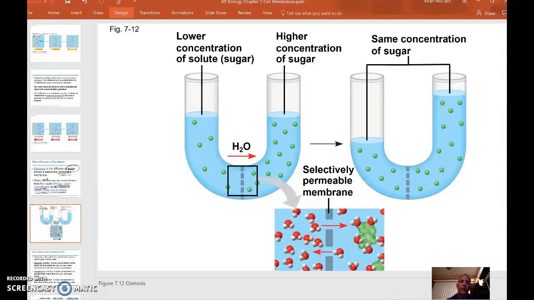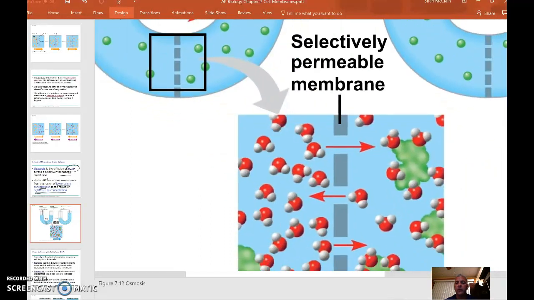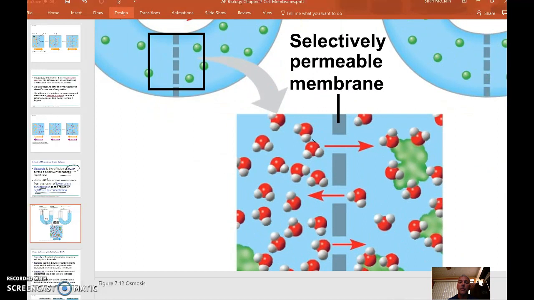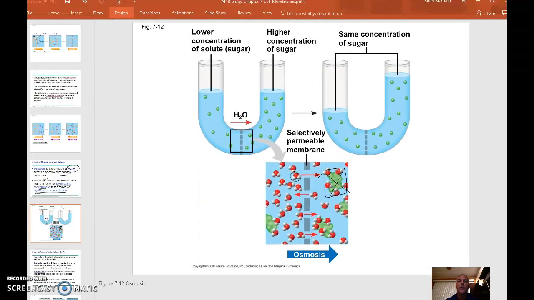So we're going to assume that this membrane, in fact, it even tells us this, is going to be permeable to water. So water's going across, but these sugar molecules are not going across. So it's going to be selectively permeable to the water molecules, not the sugar. So the only thing that we're able to see move across the membrane is water.